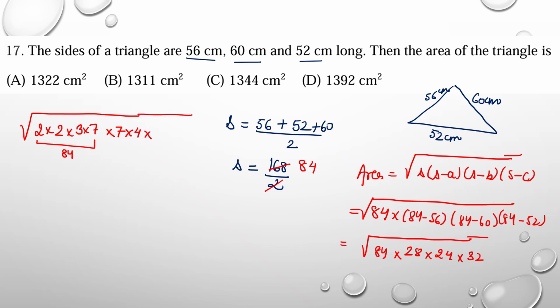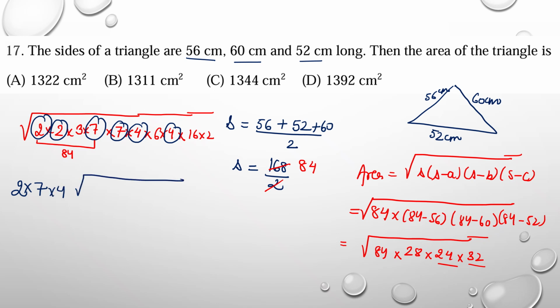Then 24. 6 into 4. 32 is 16 into 2. ये further factorize हो सकता है. But जो आपके pair में है, first take it out. So 2, 2 outside the root. 7, 7 outside the root. 4, 4 outside the root. Now the remaining part is 3 inside the root, 6 inside the root, 16 inside the root, 2.